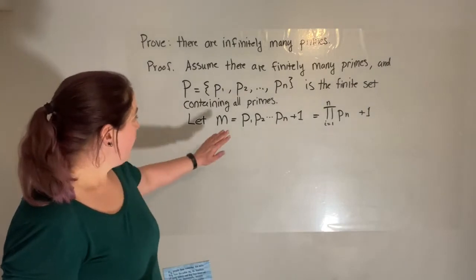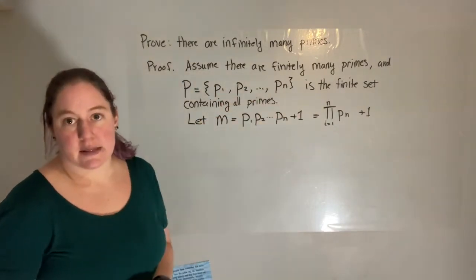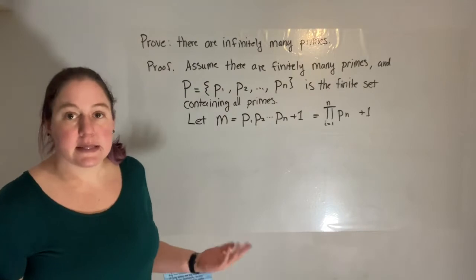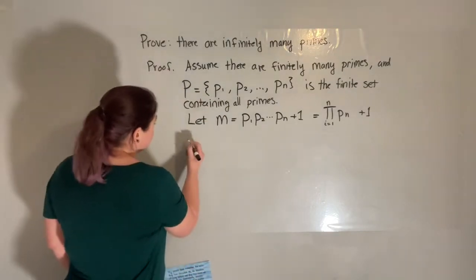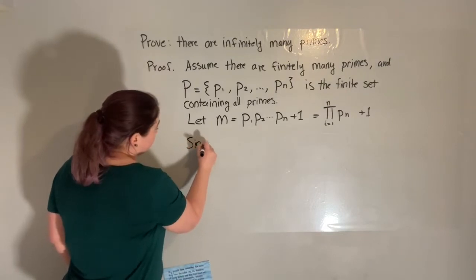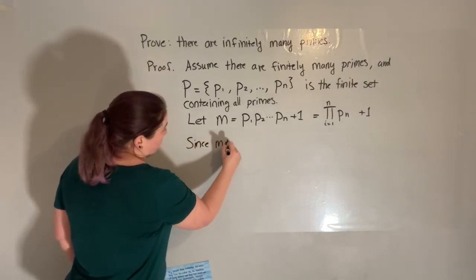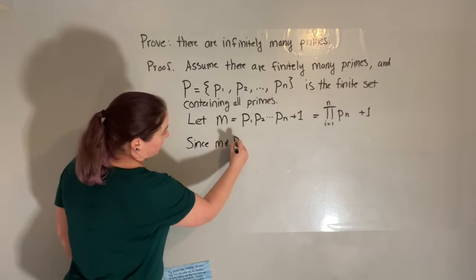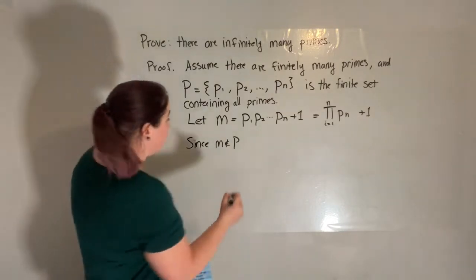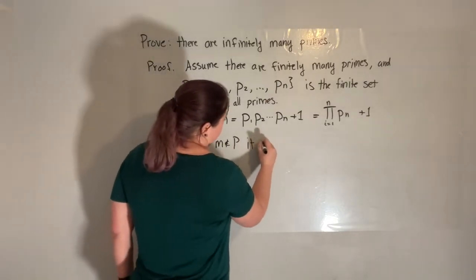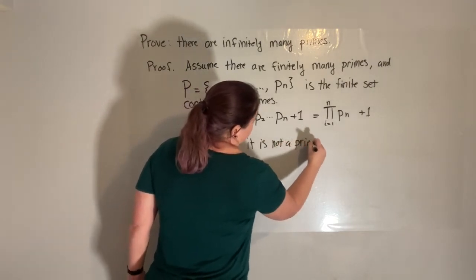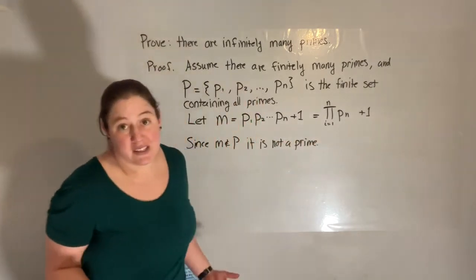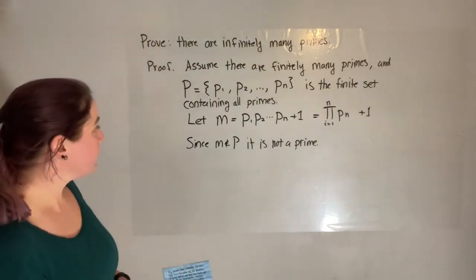So M is clearly not one of these primes in this set. It's bigger than that set. So M is not a prime because it's not here. So since M is not in the set P, M is not a prime, because we're assuming we listed out all the primes previously.